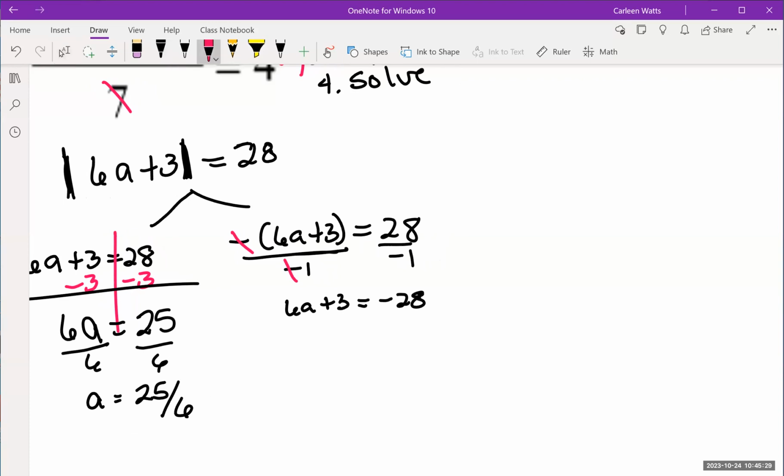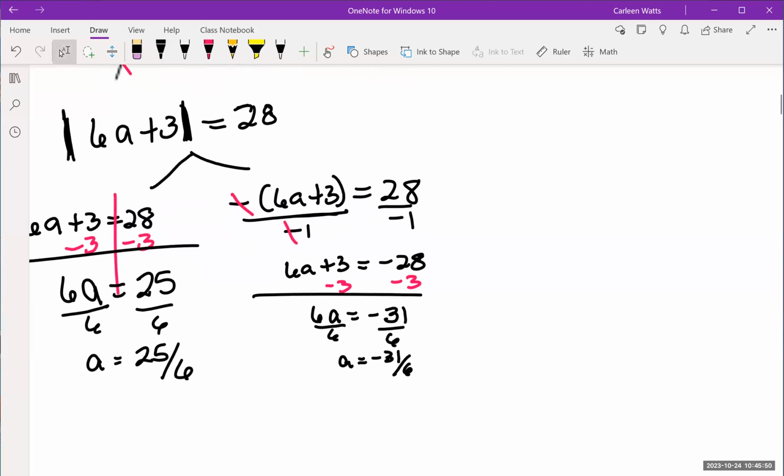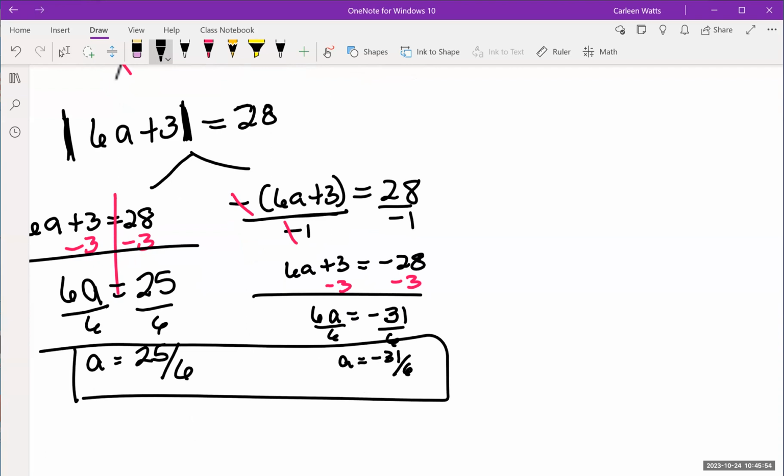Subtract 3. 6a is equal to -31. Divide by 6. A is equal to -31 over 6. 2 answers. Absolute value, we're expecting 2 answers.